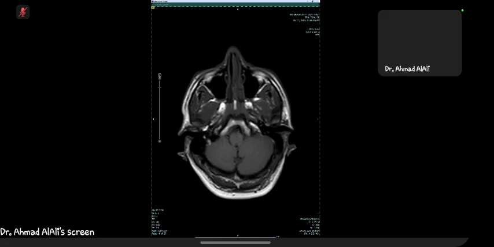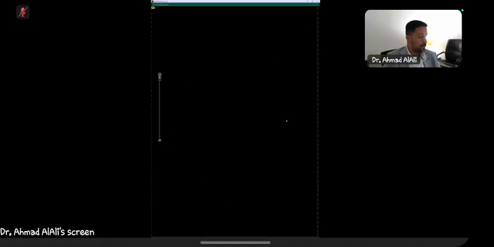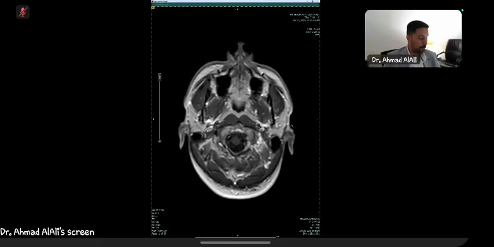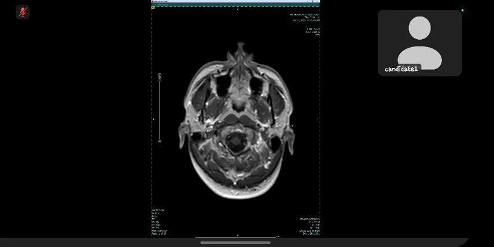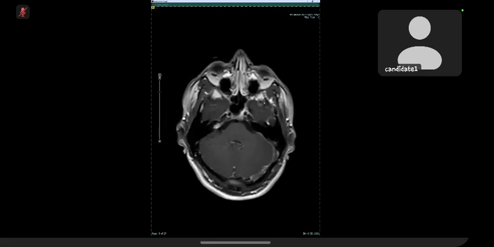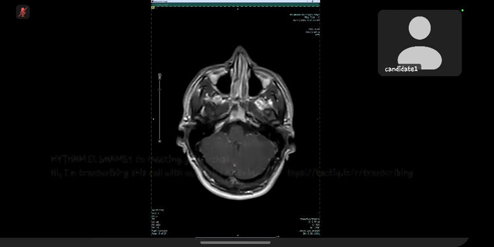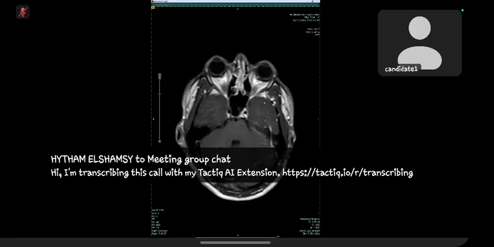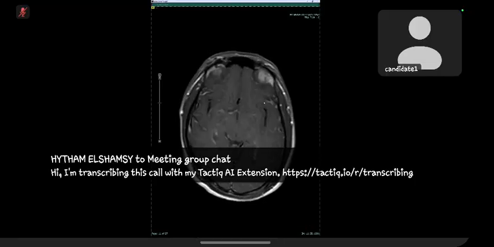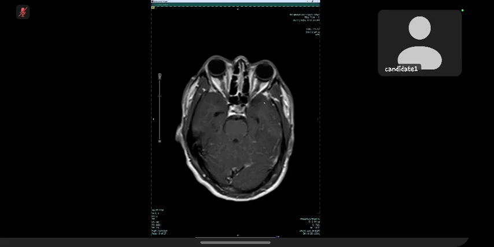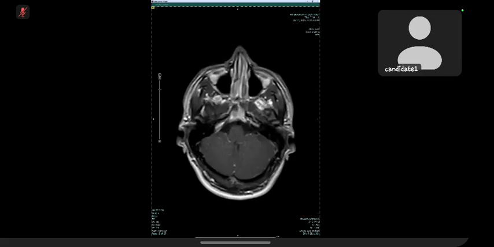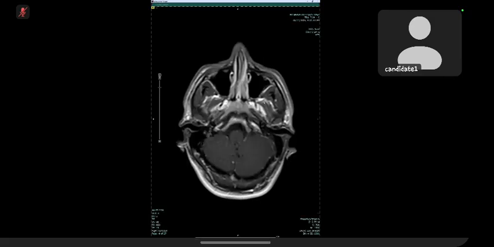Okay, these are the post contrast images. You can scroll through them. On the post contrast images, there is a hypointense filling defect noted in the left transverse sinus.